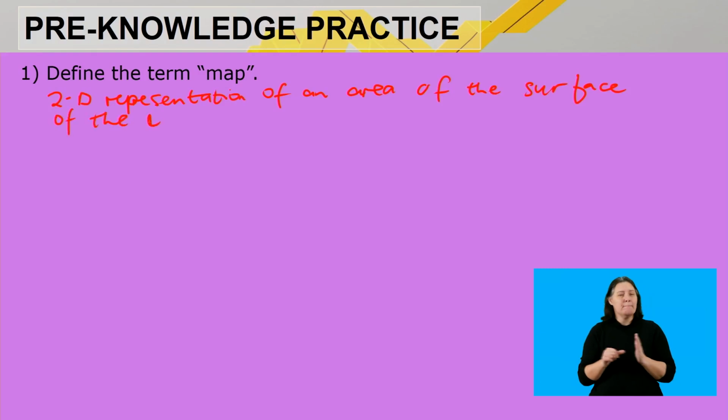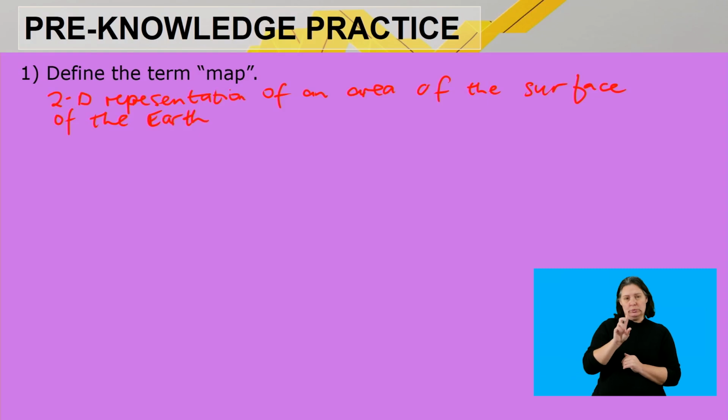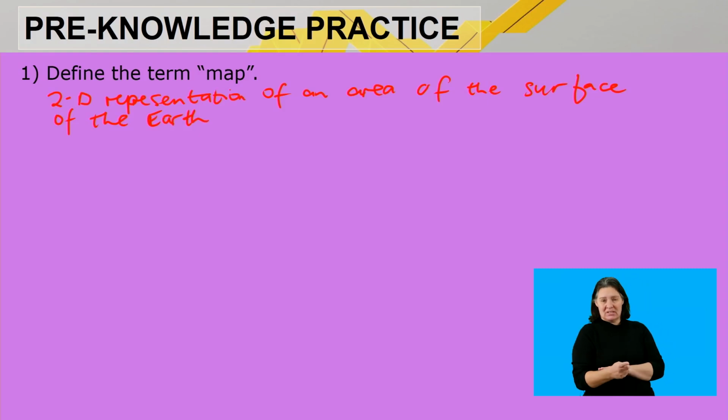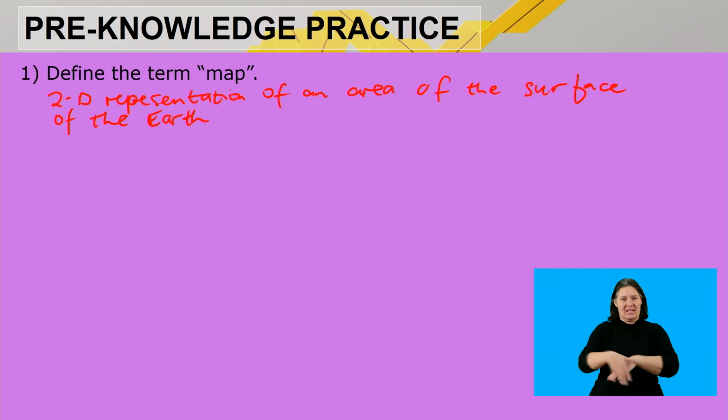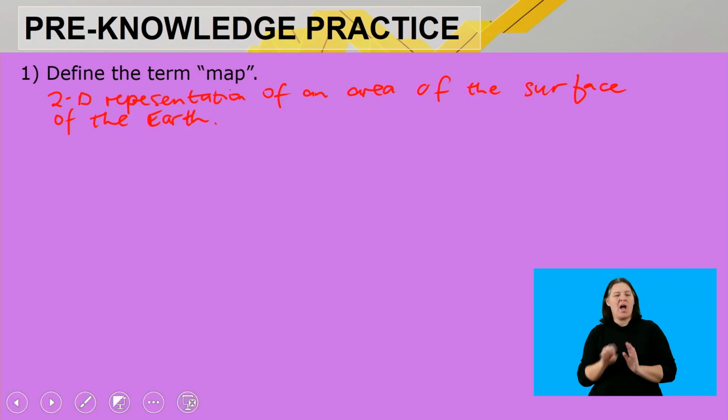So important to note, it's a two-dimensional representation of an area of land, of the surface area of the Earth. Like I indicated, for example, a map of a country.